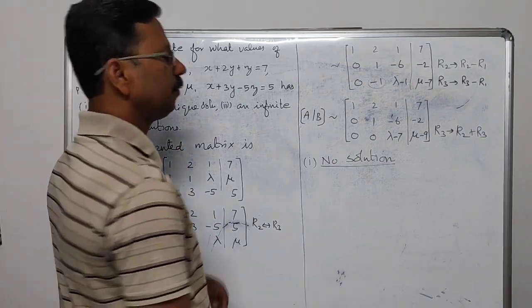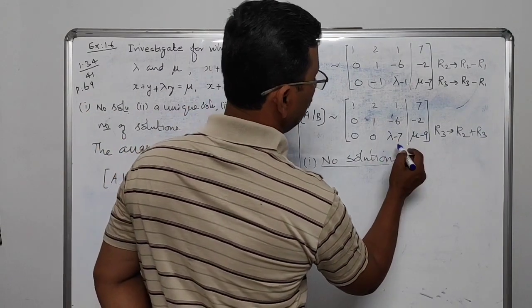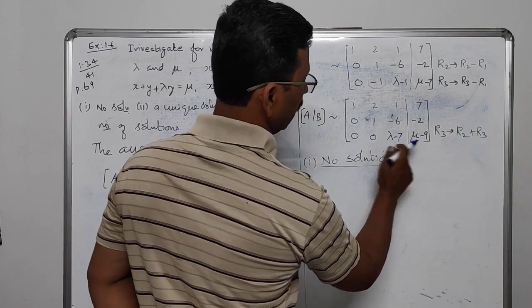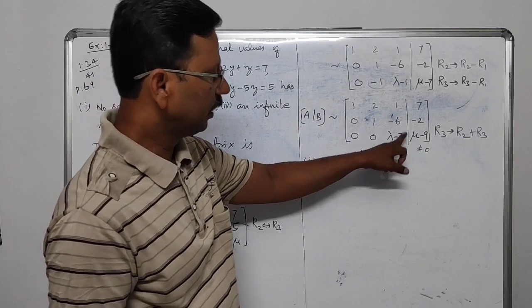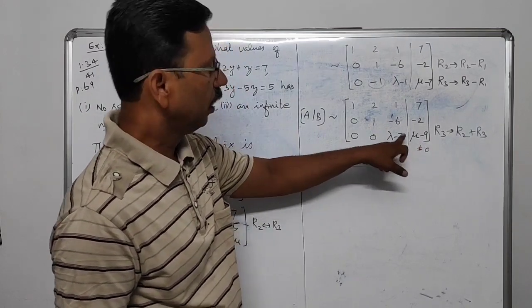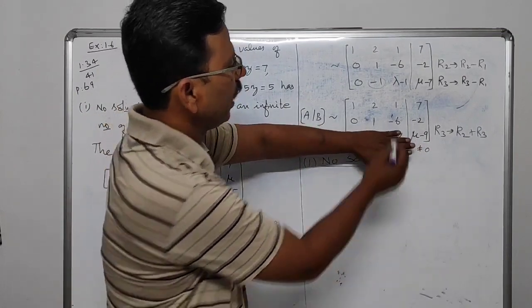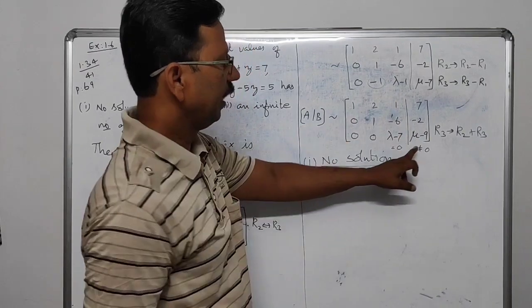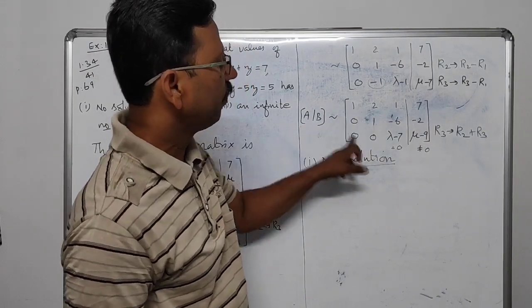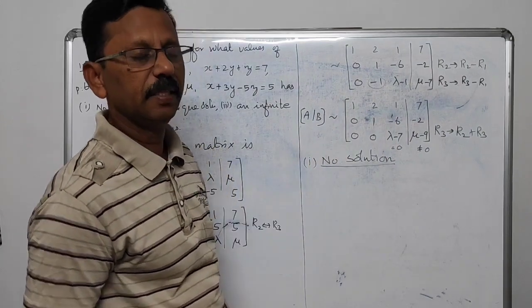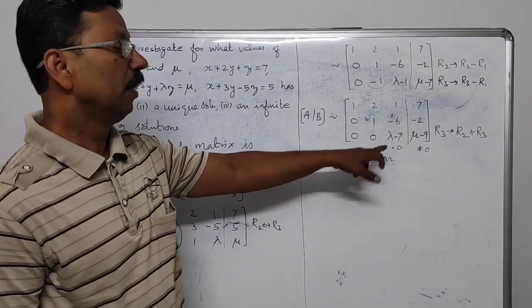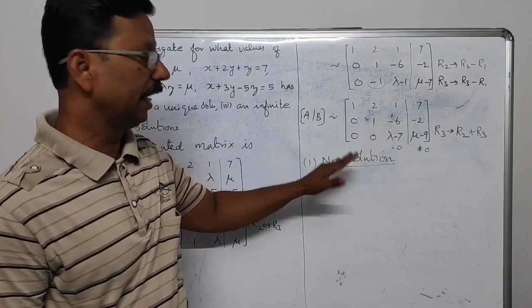Therefore, see here, if lambda minus 7 equals 0 and mu minus 9 is not equal to 0, then the rank of A will be 2, and the rank of [A, B] will be 3. Therefore, these two ranks are not equal. Hence, this system is inconsistent and has no solution.